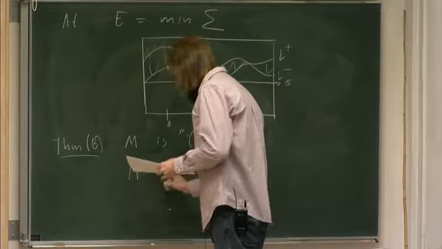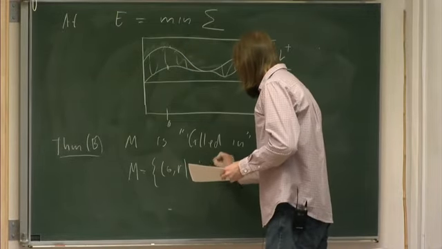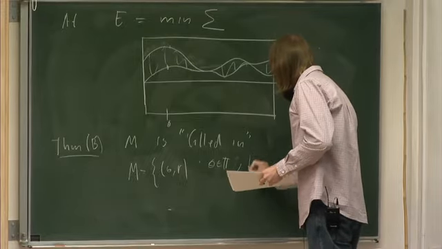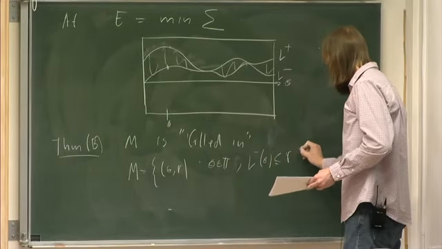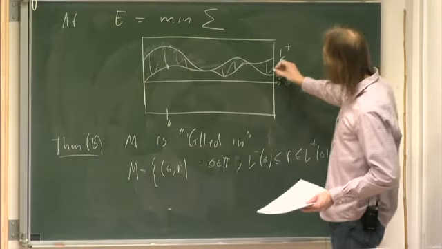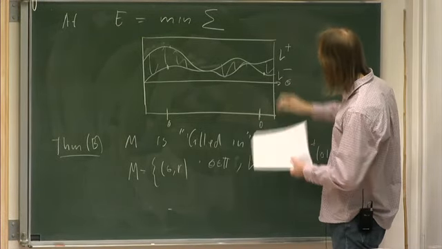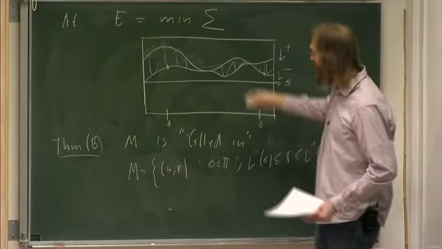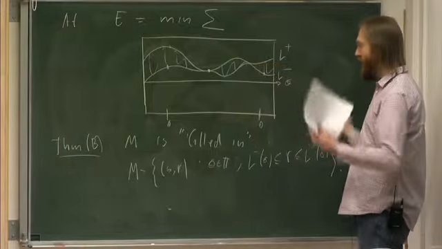So M is really of this form: theta in T and L minus of theta is less than or equal to. So for almost any theta, these are different, but this result shows that anywhere between them you have points of the set. But still there are points where you only have one point. So it's some kind of filled-in set.